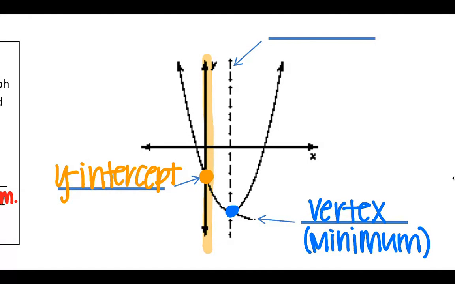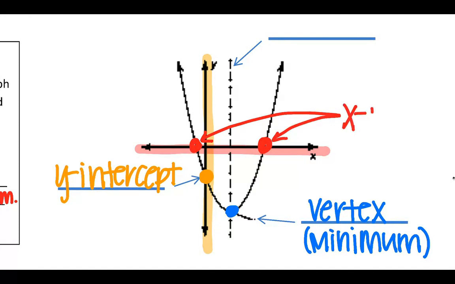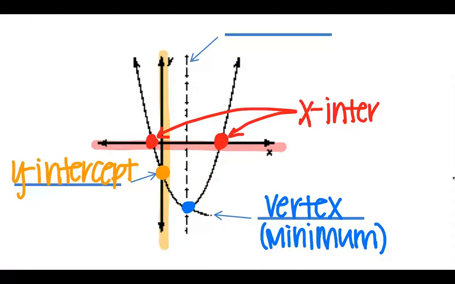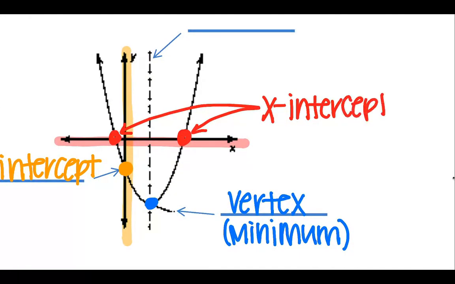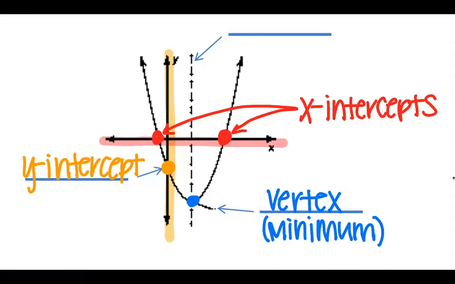We also have x-intercepts, which aren't labeled here, but that's where it crosses the x-axis. So in this case, we have 2 of those. And remember, we've talked about how many solutions, zeros, x-intercepts, remember those all mean the same thing. For quadratics, you can have one solution, it crosses your x-axis one time. No solutions, it doesn't cross at all, or 2 solutions like you see here.